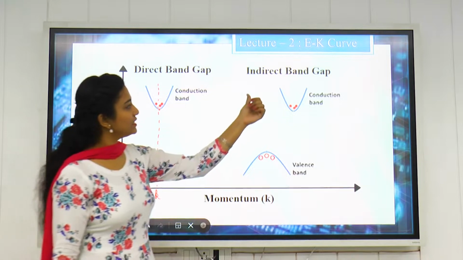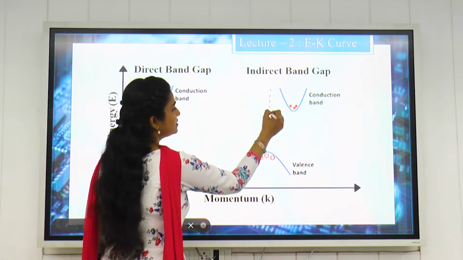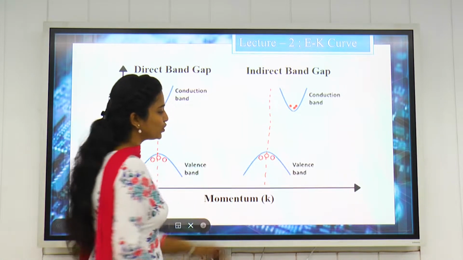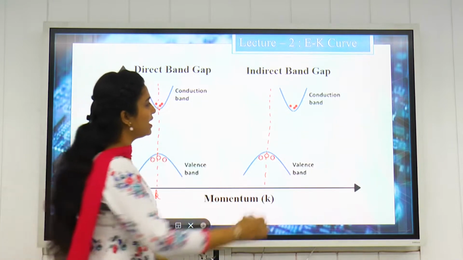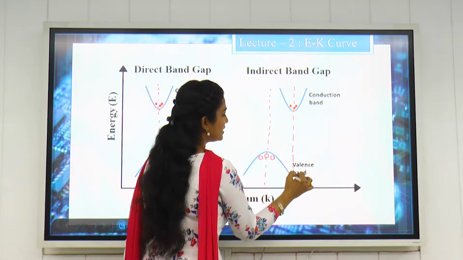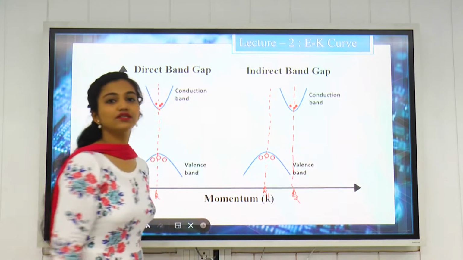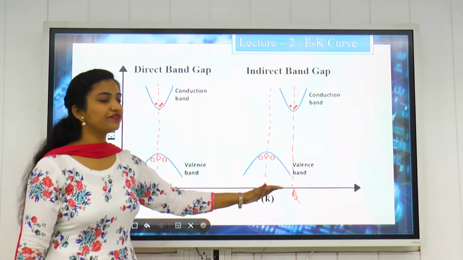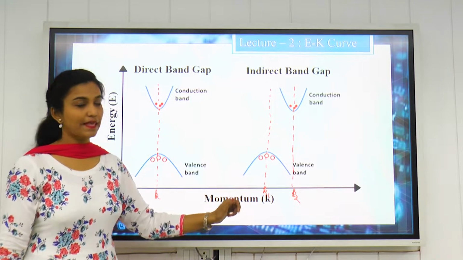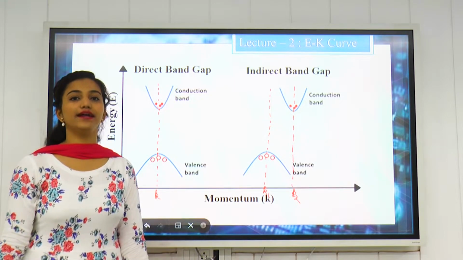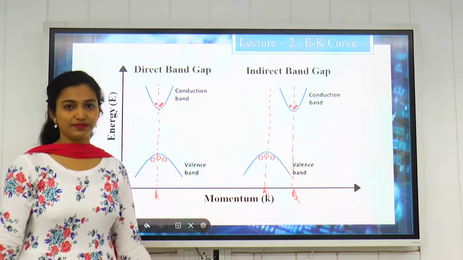And for the materials whose top of the valence band and bottom of the conduction band lie at different values of k, this represents the indirect band gap materials.